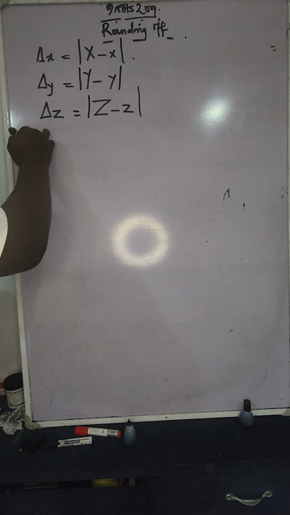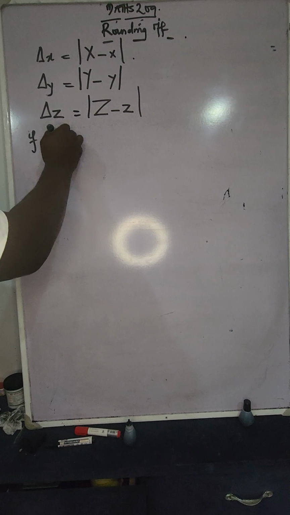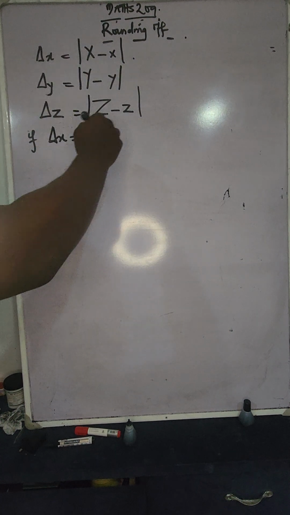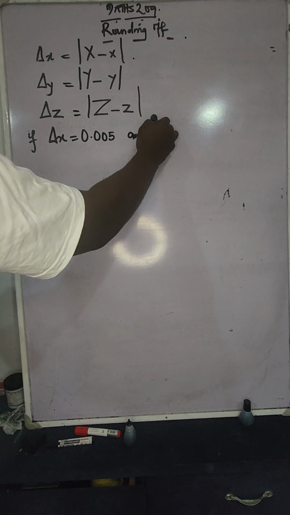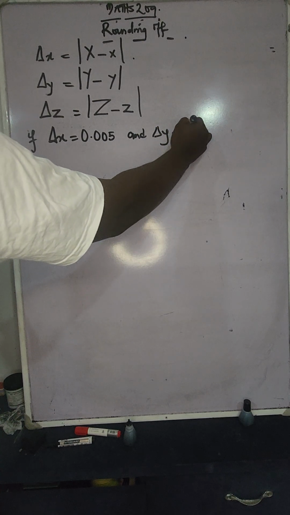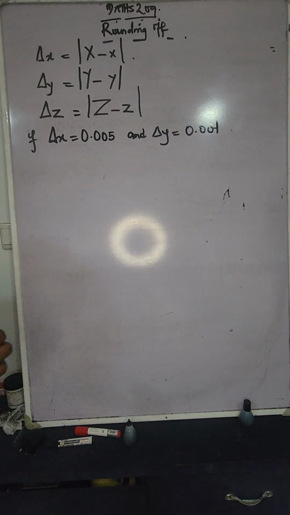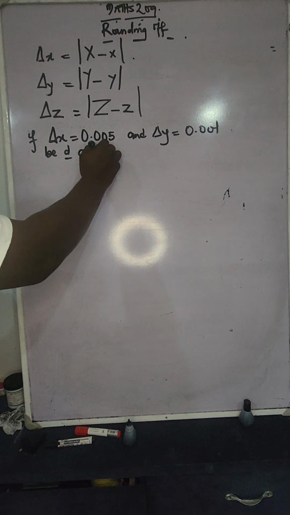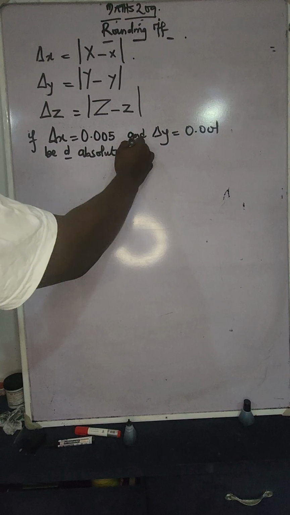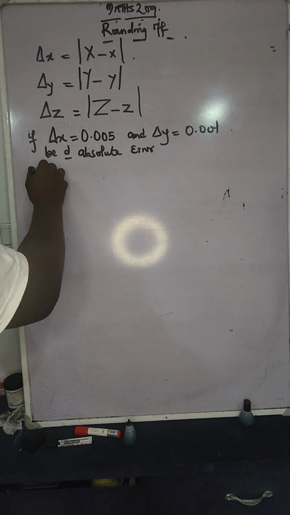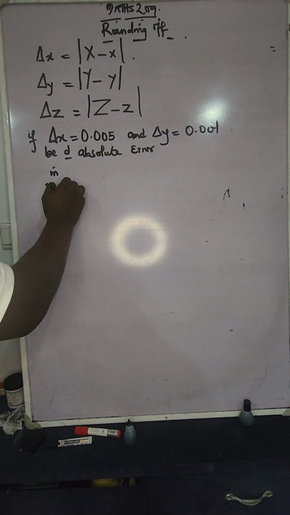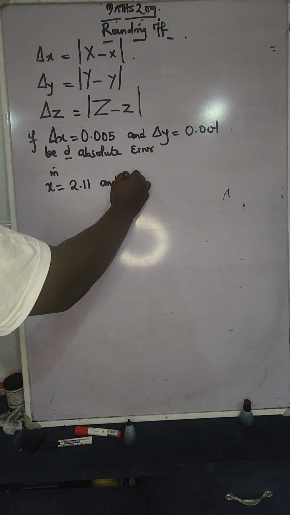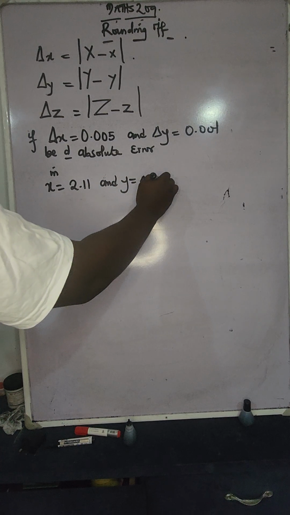They said if x is equal to 0.005 and y is equal to 0.001, find the absolute error in x equals 2.11 and y equals 4.15.